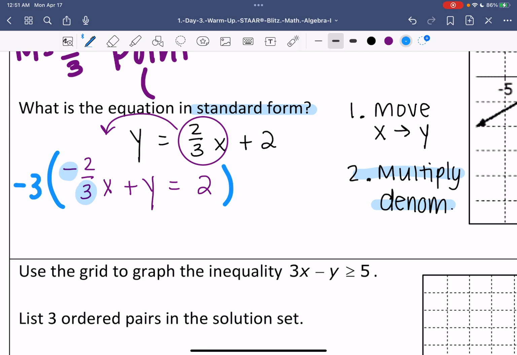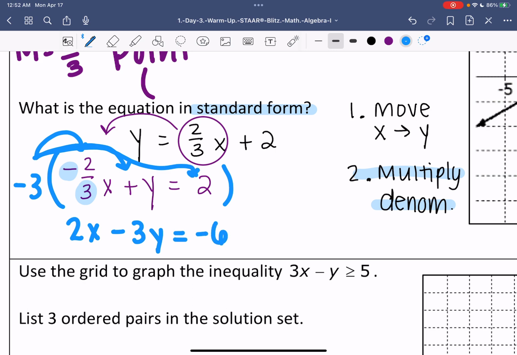Okay? I don't want negative numbers at first for standard form. So when I multiply negative 3 times negative 2 over 3, I get a positive 2x. When I multiply negative 3 by y, I get a negative 3y. And then I multiply negative 3 times 2, and I get negative 6. Here is your answer.